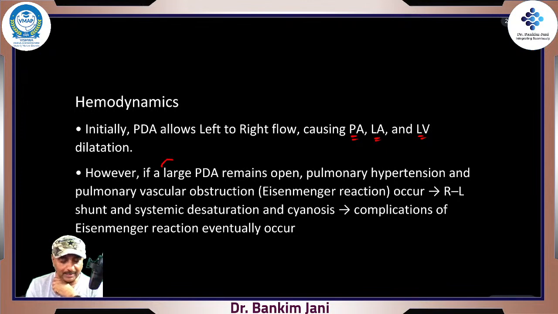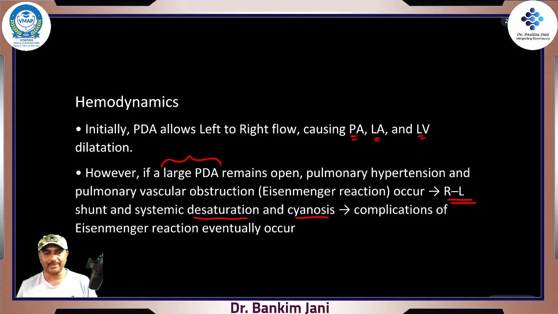If a large PDA remains open, it leads to pulmonary hypertension, pulmonary vascular obstruction, and as the pulmonary congestion increases, it can lead to Eisenmenger, and then systemic desaturation, cyanosis, and all the complications.